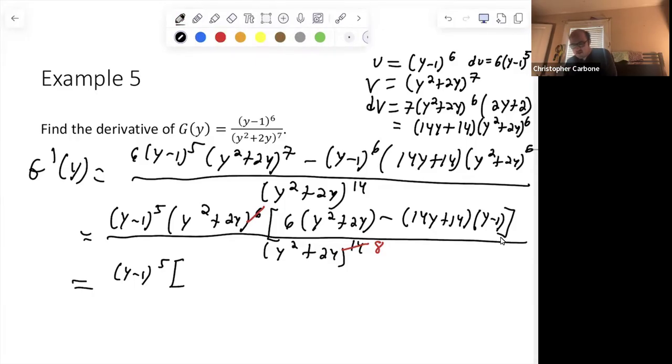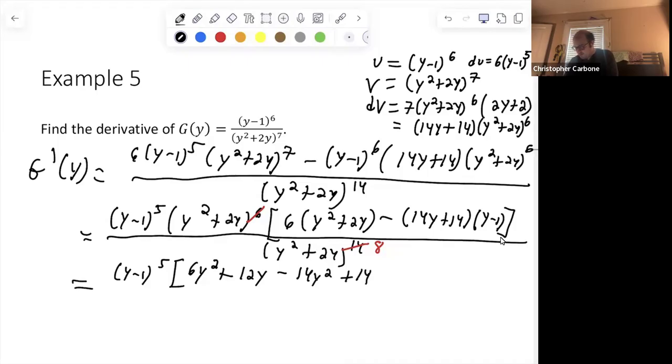Anyway, (y minus 1) to the 5th times, this is going to be 6y squared plus 12y minus 14y squared, over minus 14y plus 14y minus 14.